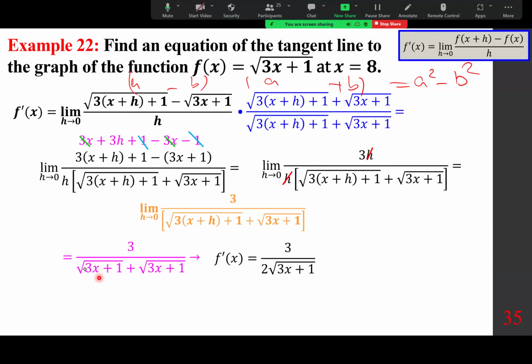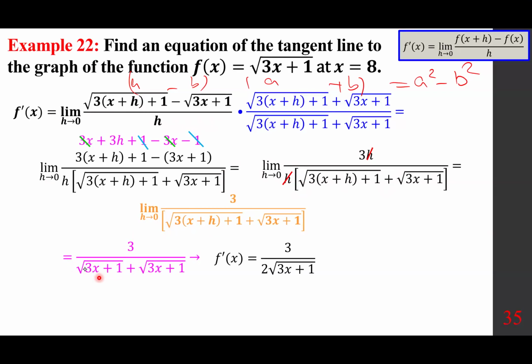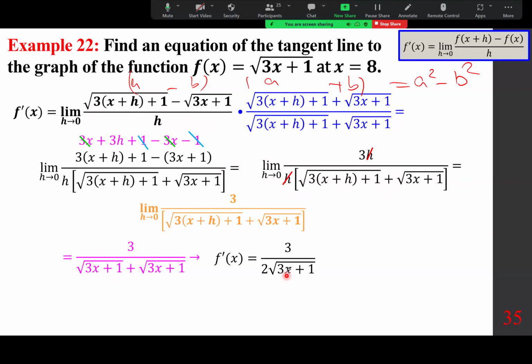This is f prime, not the slope. What makes it the slope? Plug in 8. And I hope you see that if I plug in 8, I get 3 times 8. Let me show you.